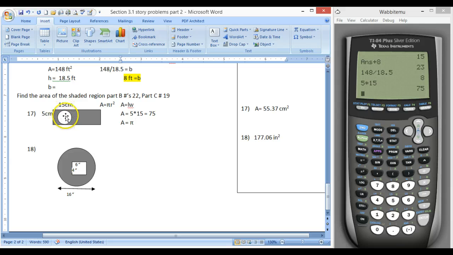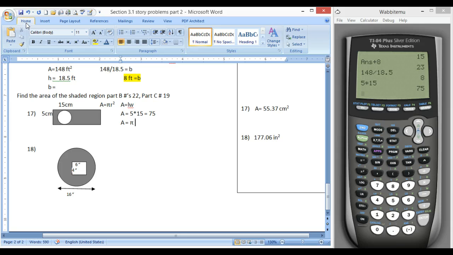The radius is half of that. 5 divided by 2 is 2.5, and then I need to square it. So I'm going to come over to my calculator and do 2.5. I can either do the caret and raise it to the 2, or I can use my squared button here, and then times this by pi.